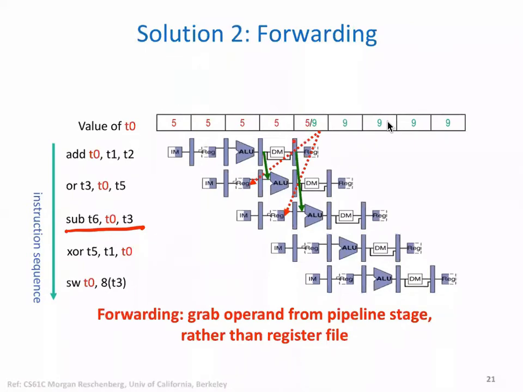The concept is to grab the operand from the pipeline stage rather than the register file. As soon as the result is available out of the ALU computation or memory operation or whatever, use it rather than waiting for it to be written to the register, because all instructions result in writing into a register.